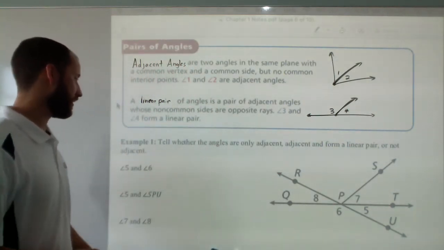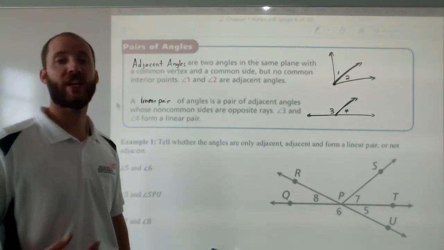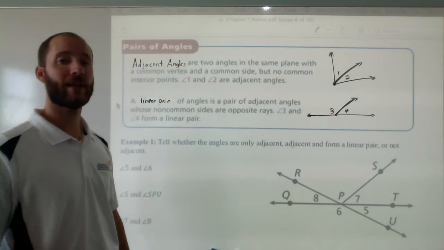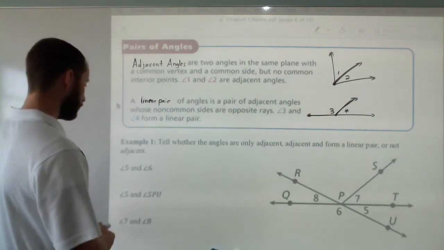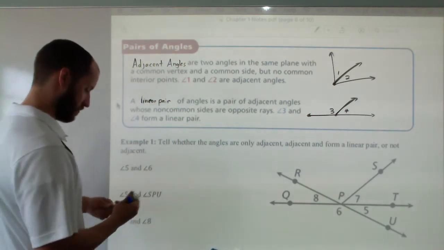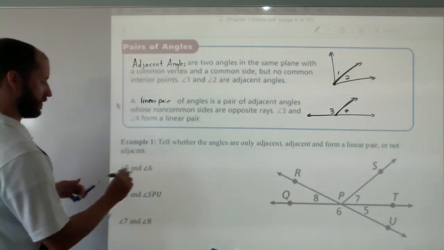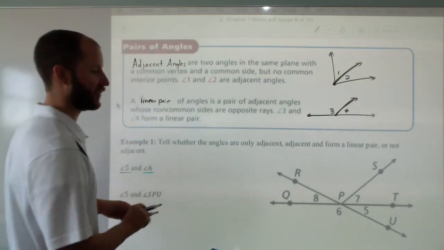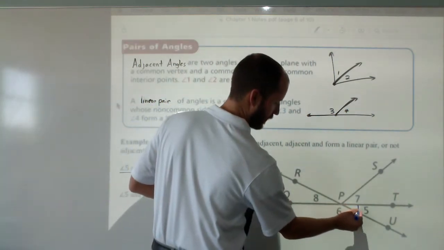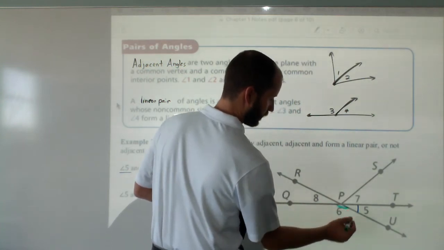So in the diagram down here, tell whether the angles are only adjacent, form a linear pair, or are not adjacent. So if we look at angle 5 and angle 6. Angle 5 is right here. Angle 6 is right there.